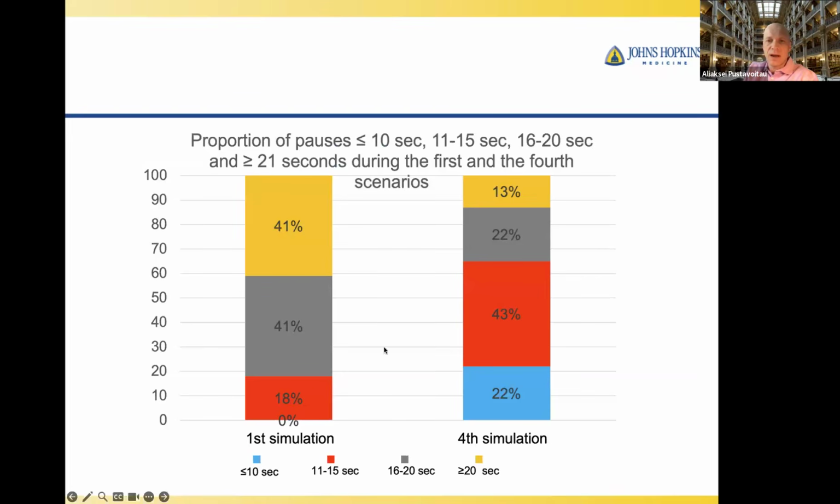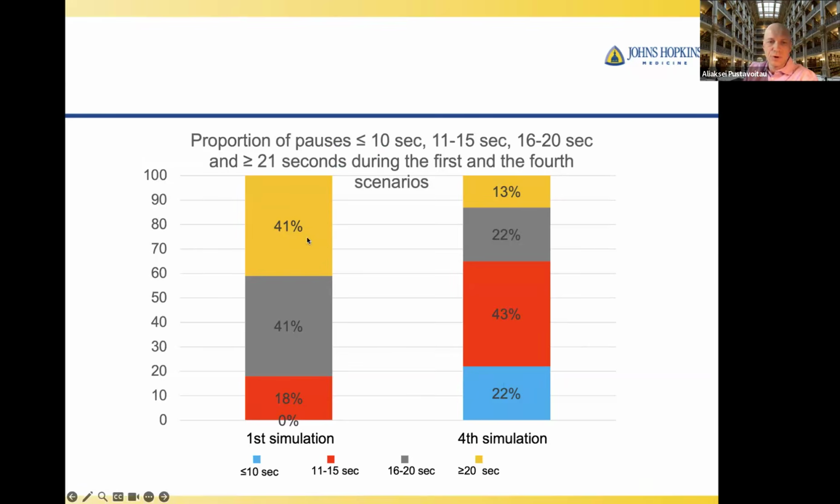What we examined, right, is how many pauses are less than 10 seconds, 11 to 15 seconds in gray, up to 20 seconds, and then more than 20 seconds in yellow.